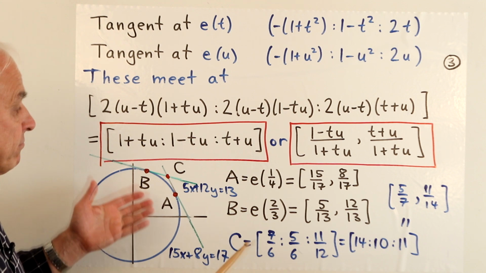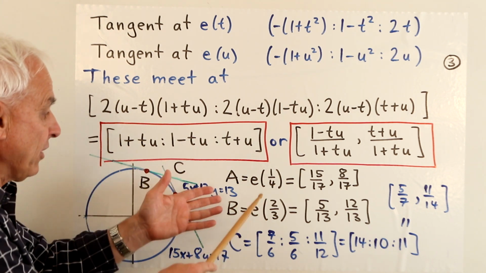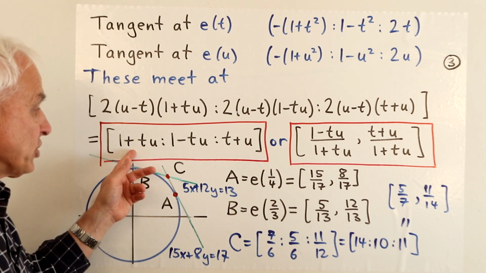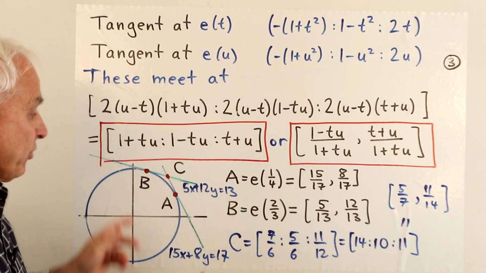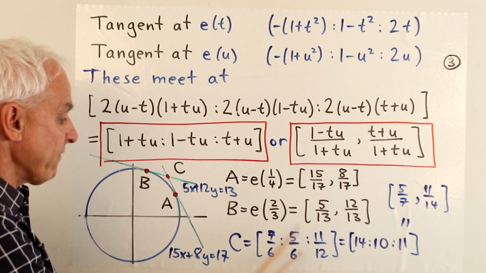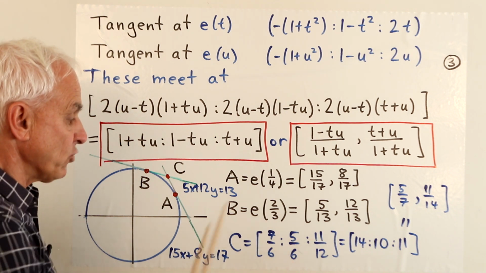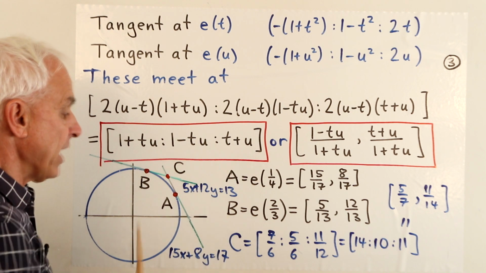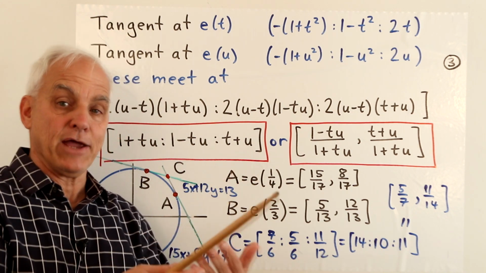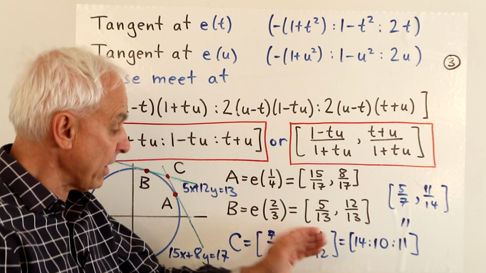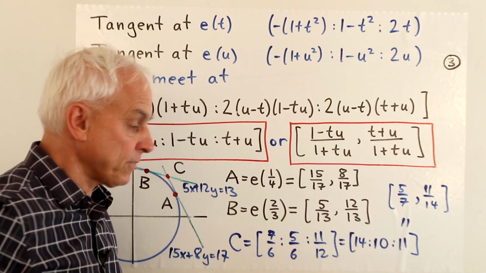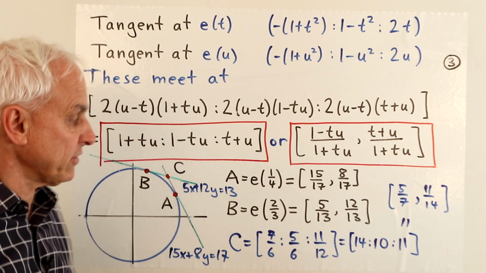Okay, then you can easily plug these values, 1/4 and 2/3, into here, either in projective coordinates or in affine coordinates. In projective coordinates, you end up getting 7/6, 5/6, and 11/12 as the entries there. And because they're projective coordinates, we can scale to get rid of the fractions. We can multiply through by 12 to give us 14, 10, 11. One of the advantages in using projective coordinates.